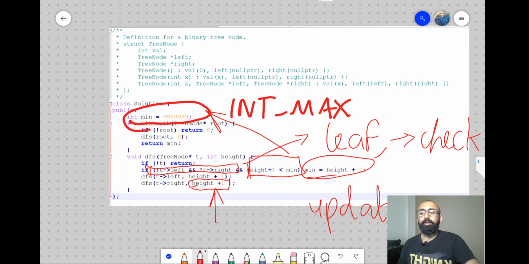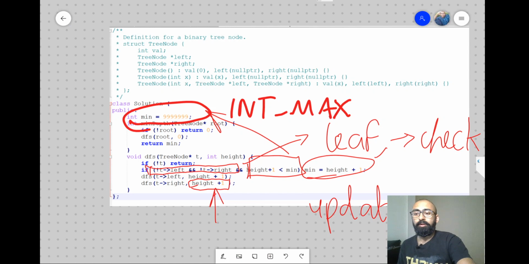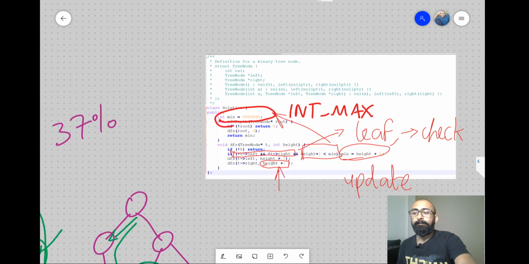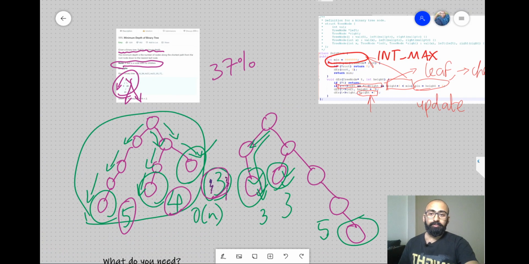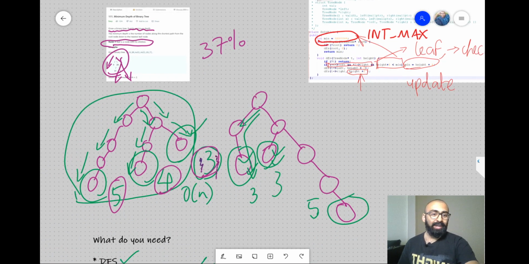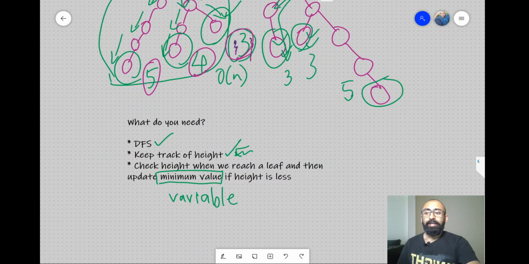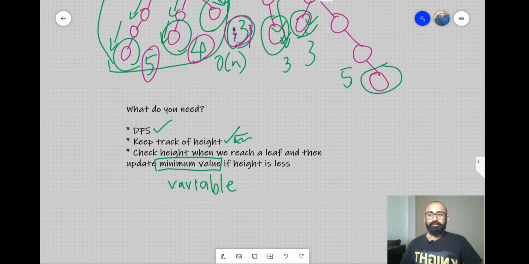So 3 things that you have to take care of when you're doing this question. Number 1, understand what a leaf node is. A leaf node is a node with no children, right? Second, you need to know DFS. DFS is basically where you go through every subtree, going down, down, down until you reach a leaf node, and then you come back up.